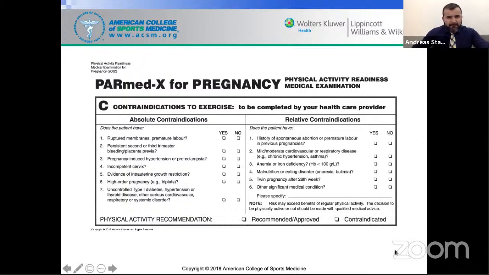You see ruptured membranes, bleeding, hypertension, incompetent cervix, intrauterine growth restriction, the so-called IUGR, and pretty much means that the baby doesn't grow as much as they were expected to. Okay, nothing really that we haven't covered already.